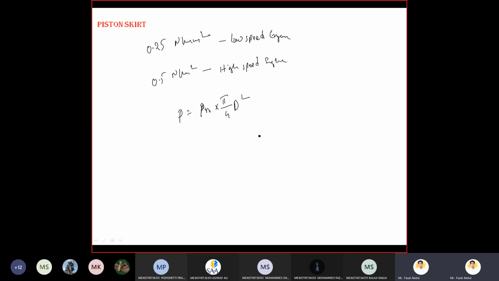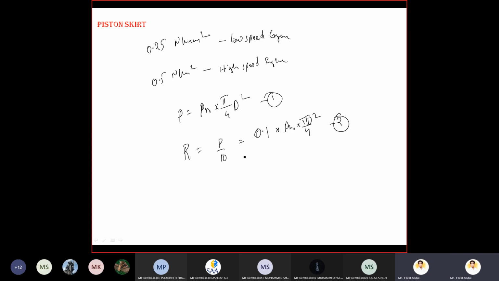The maximum side thrust on the cylinder wall as well as on the skirt is denoted by R, and it is P by 10, that is 0.1 into pressure into pi by 4 into D square. This is the second equation.